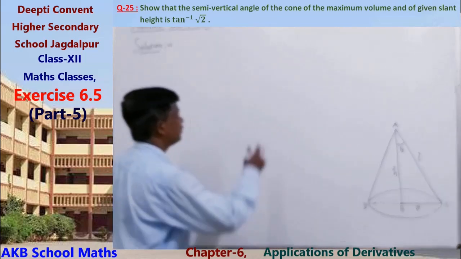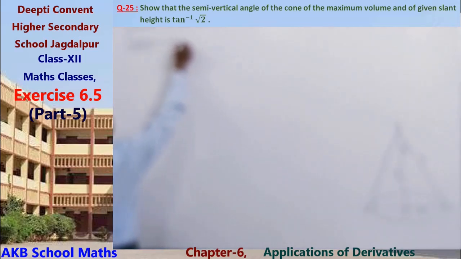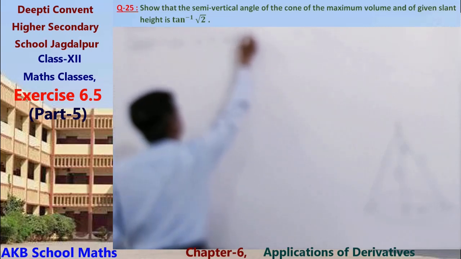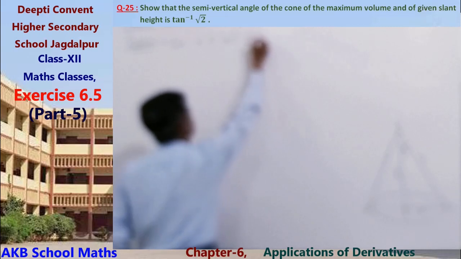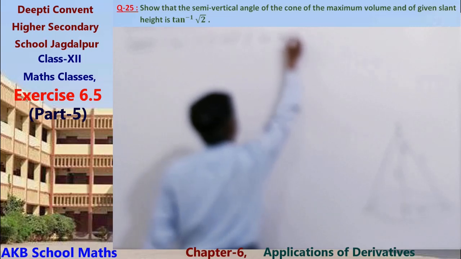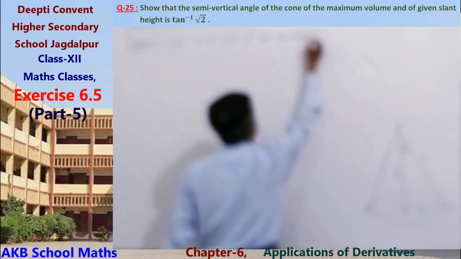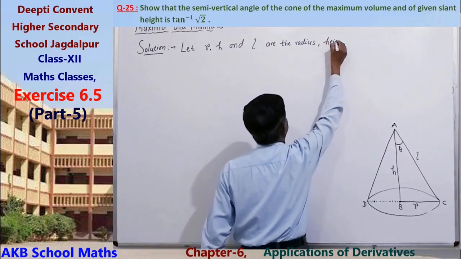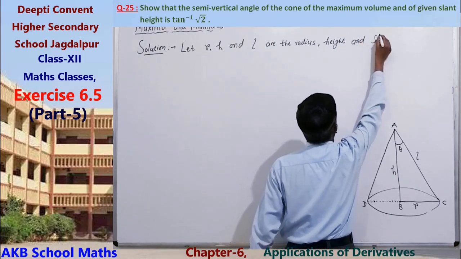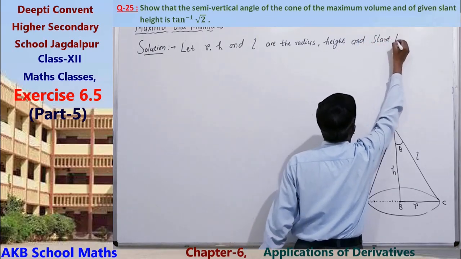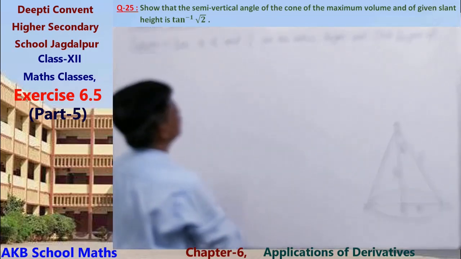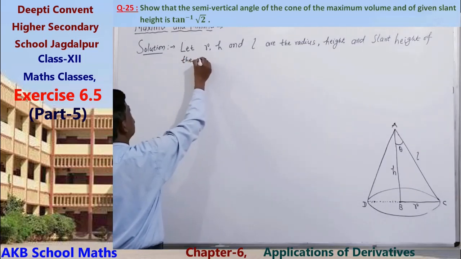So solution of this question. Let R, H and L be the radius, height and slant height of the cone.